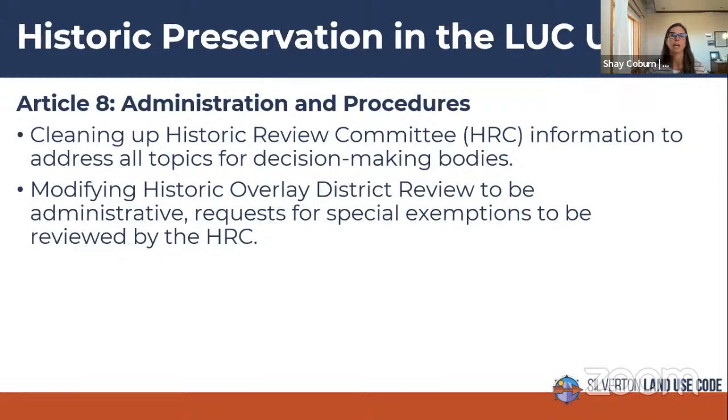We also are working on modifying the historic overlay district review to be administrative unless there's a request for a special exemption, which would then be reviewed by the Historic Review Committee. So that idea that I think Lucy touched on, that maybe there would be separate processes for minor projects or major projects. So we define those and say what qualifies as minor.